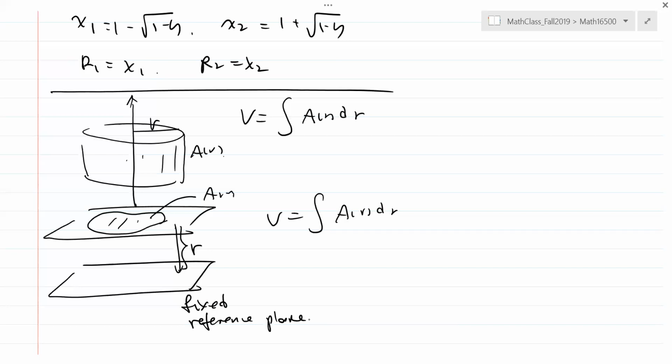If we have 1,000 slides, and for each slide I know the area of the cross section, I can find the volume of the body just by integrating.